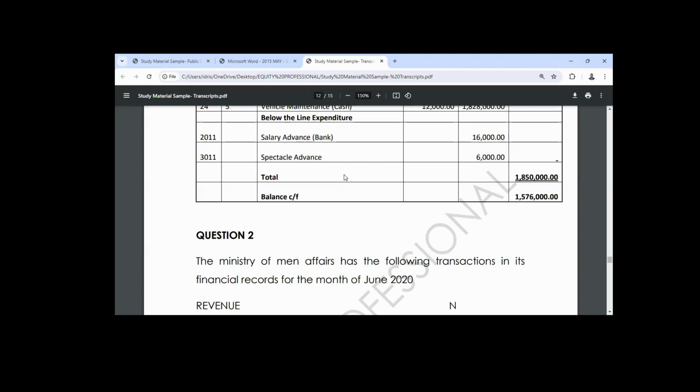Under public financial management, we talk about every single account, the integrated personnel payroll information system, IPPIS. We're talking about the national chart of accounts.